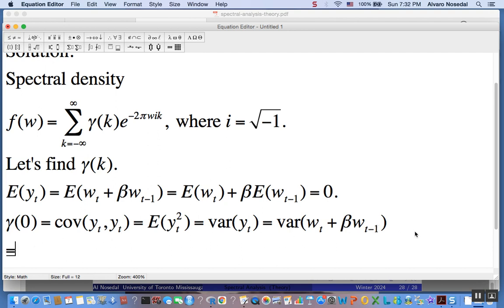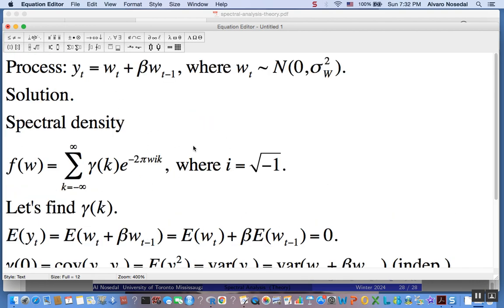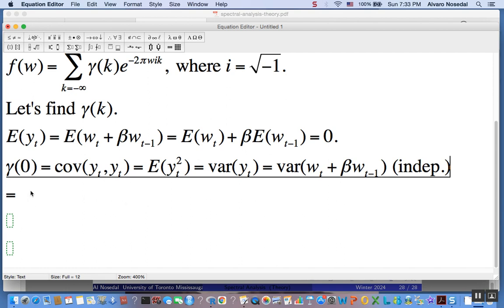Since we have independence, let me write that down using the independence of those W's. By assumption, the WT's are normally distributed mean 0, variance sigma squared, and they are IID. Okay. So we have the variance of a sum of independent terms. It's the same as the sum of variances.